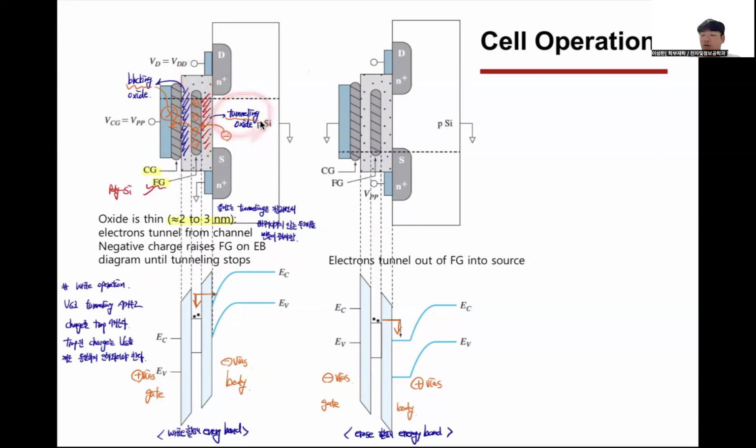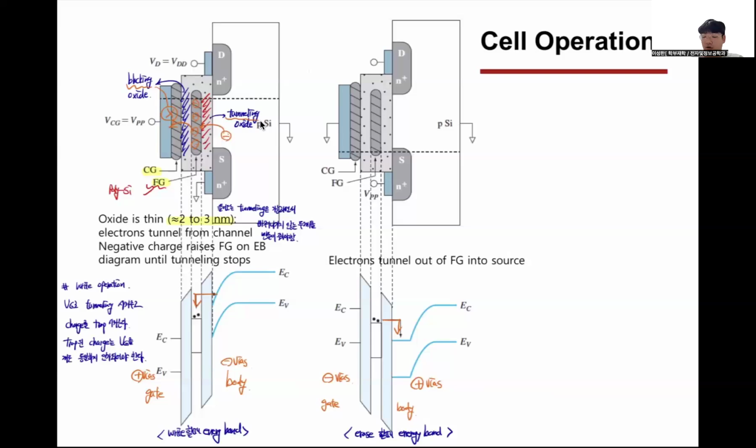The tunneling oxide lets charge tunnel to the floating gate. And the blocking oxide prevents charge from tunneling to the control gate, because that would be leakage current, so it would mean much higher power consumption and the operation performance would go down.